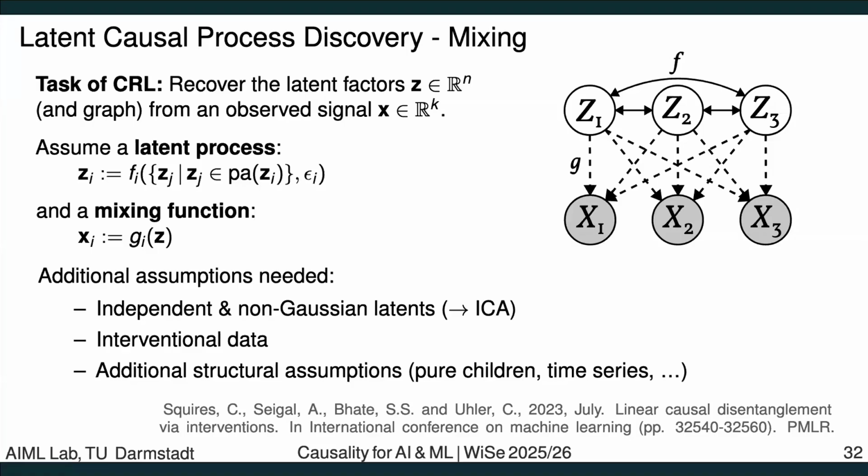Another way to break this underspecifiedness is to have interventional data, and we will look at some algorithms there. What is often done is that I have an agent in some sort of environment, and this agent does some action.